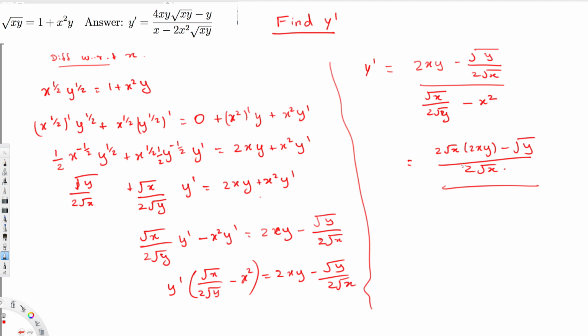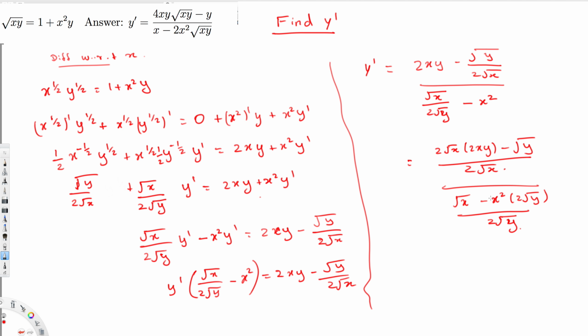In the bottom, I can take 2 square root of y as the common denominator. To do that I have to multiply this one by 2 square root of y, so it's going to be square root of x minus x squared times 2 square root of y, over 2 square root of y.